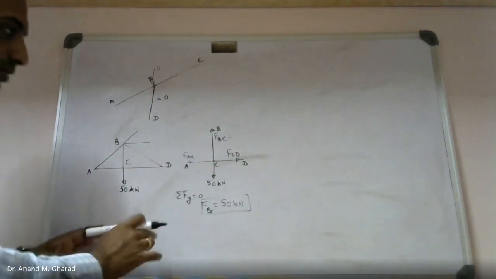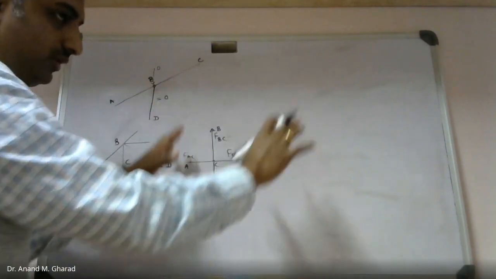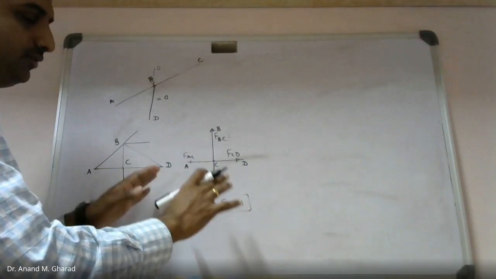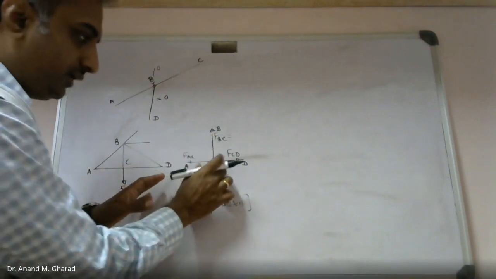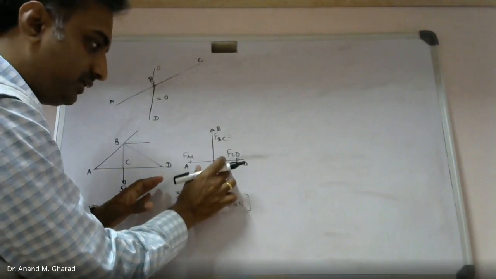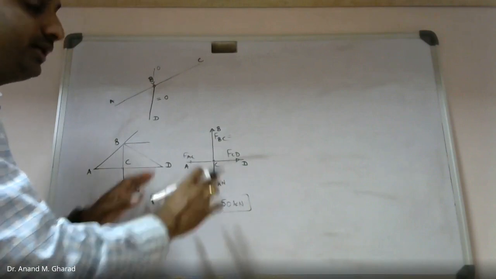So we will come across such situations, and if in the numerical you find more number of forces are given, and if you find such situations and apply these conditions, then it becomes very easy for us to solve that numerical.